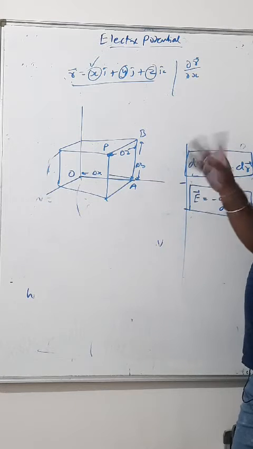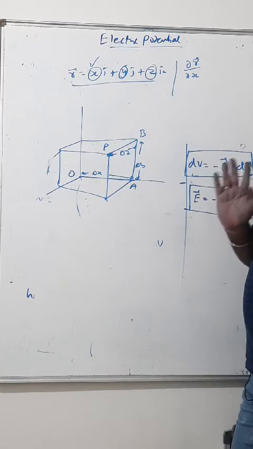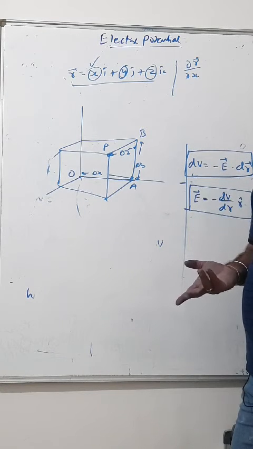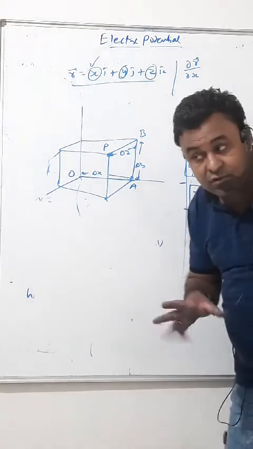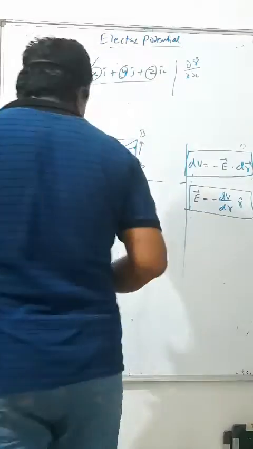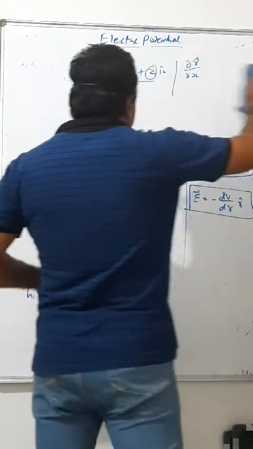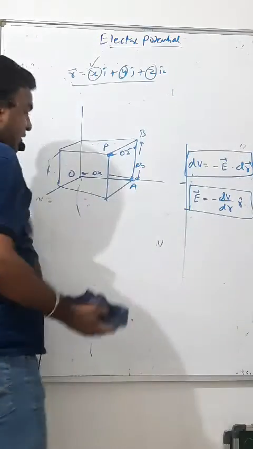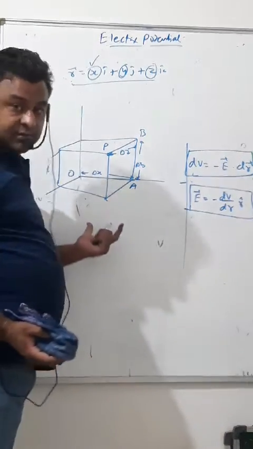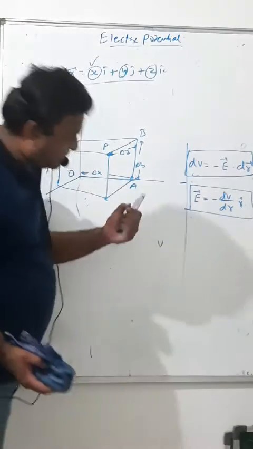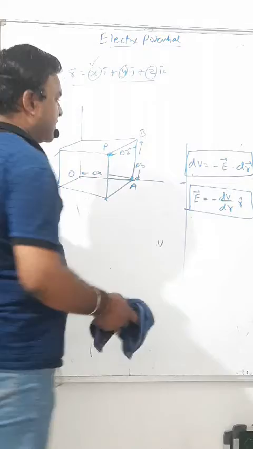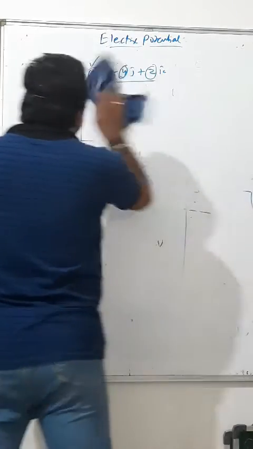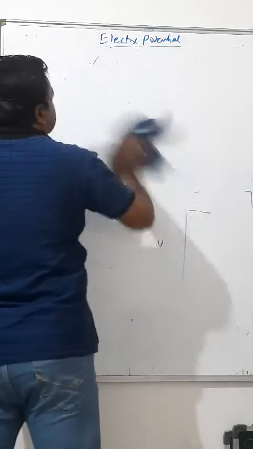Now when you move along the y-axis, then only y is changing, x and z are constant. When moving along the z-axis, then x and y are constant. Simple. Sometimes students think, okay, this is ridiculous. No, it is not ridiculous. It has a logic. When you are moving in one direction, x, y, or z, then definitely the rest two are constants.